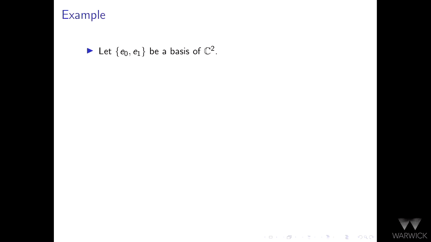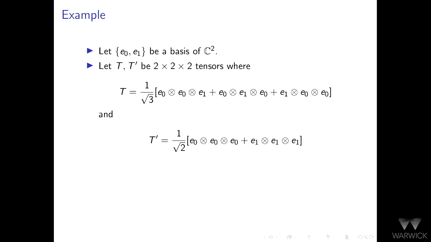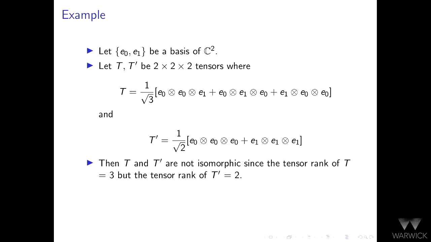For concreteness, let's discuss a quick example. If we let t and t prime be the following 2 by 2 by 2 tensors, where t is 0,0,1 plus 0,1,0 plus 1,0,0, and t prime is 0,0,0 plus 1,1,1, then we see that these 2 tensors are not isomorphic, since the tensor rank of t is equal to 3, but the tensor rank of t prime is equal to 2.